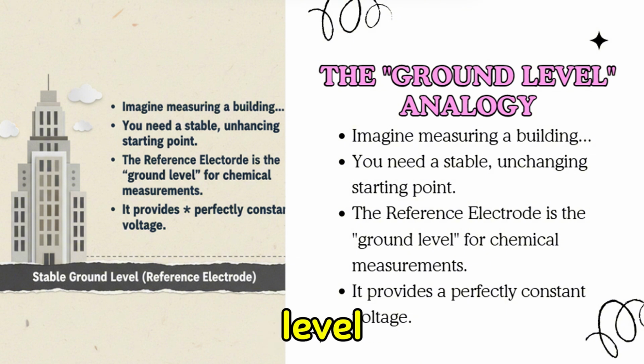Like the ground level. You can't measure from a moving car. A reference electrode is the ground level for chemical measurements. Its job is to provide a perfectly constant voltage, an unwavering reference point that never changes, no matter what's happening in the rest of the chemical solution. It's the anchor of our entire setup.